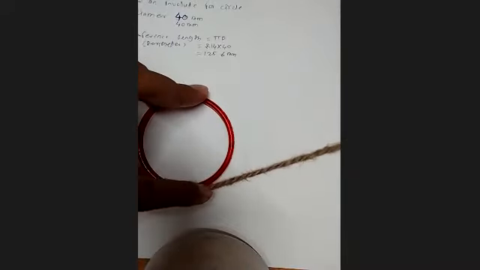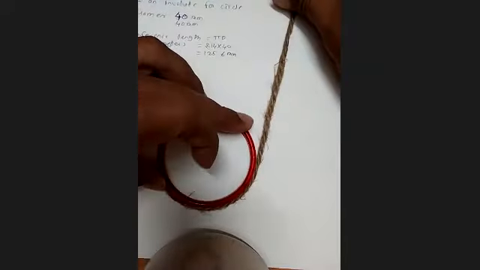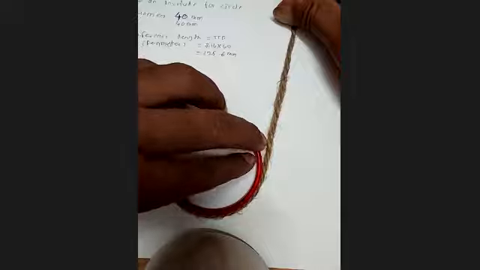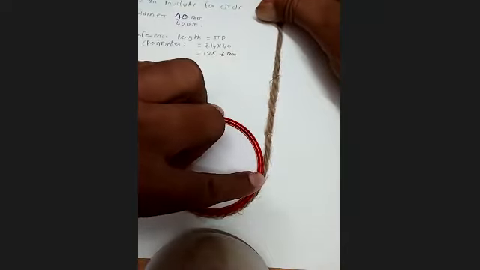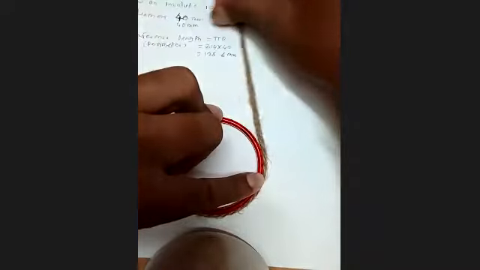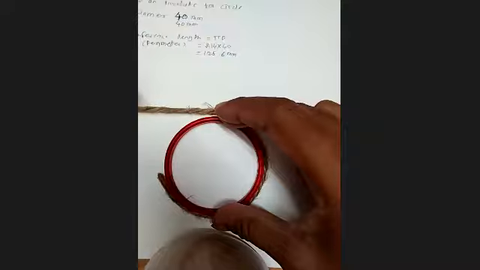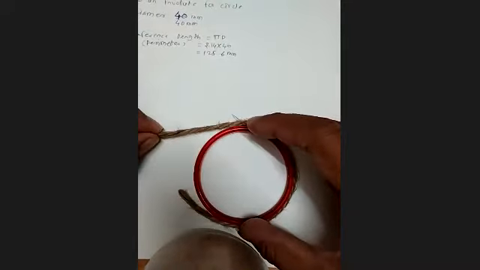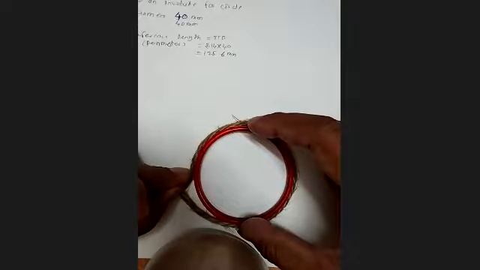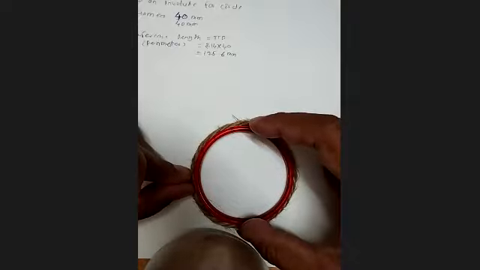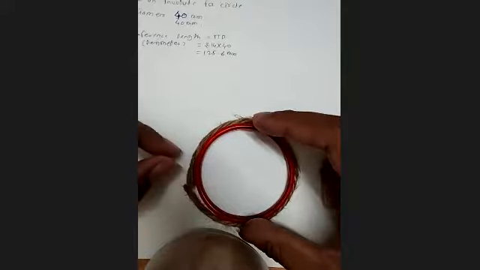You can see that the length of the string goes on reducing, and it follows a certain path, and finally it matches with the reference or starting point, right? So the path followed during the unwinding or winding of the string is going to give the curve, and that curve is nothing but the involute curve, right?